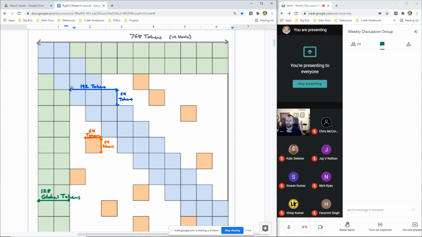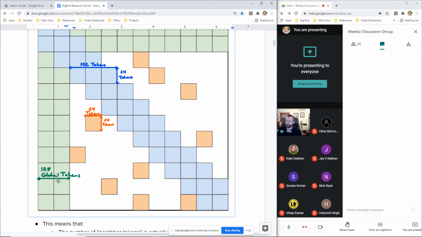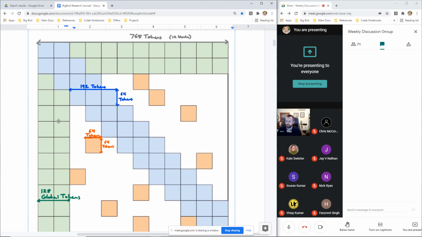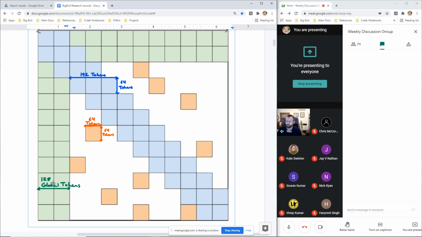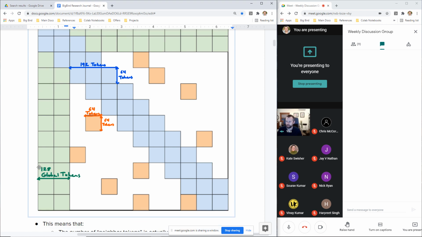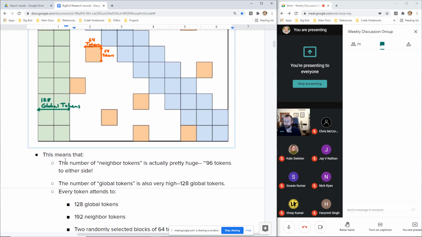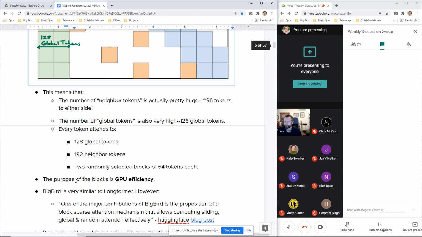It's actually 192 tokens: one block to either side, plus its own block. So these 64 tokens all attend to these 192, a much wider range. And finally the global tokens: there are 2 blocks worth of global tokens by default, so that means there are actually 128 global tokens.